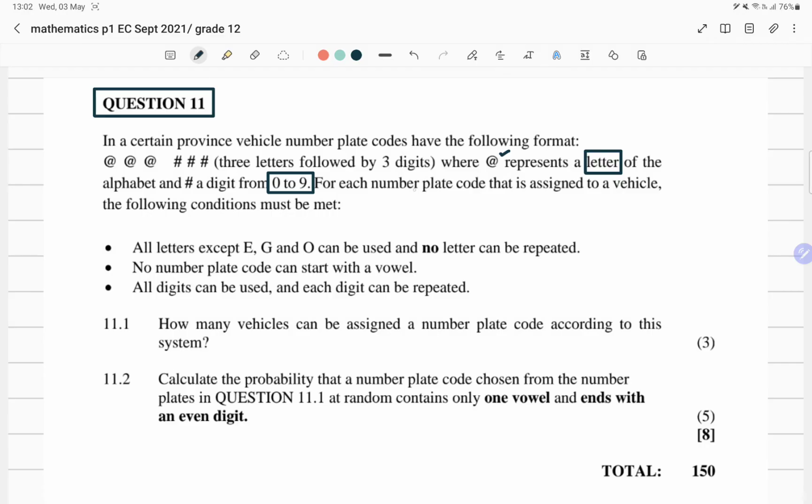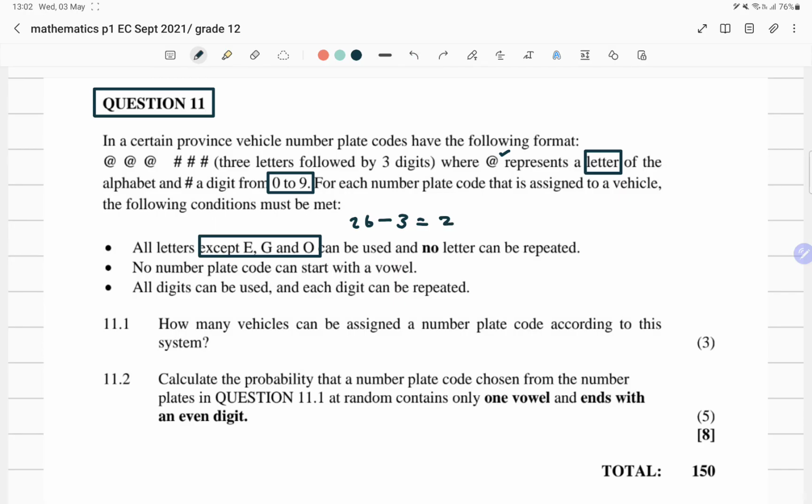Now for each number plate code that is assigned to a vehicle, the following conditions must be met. All letters except three are used. If we cut those out, we've got 26 letters minus 3, which leaves us 23.